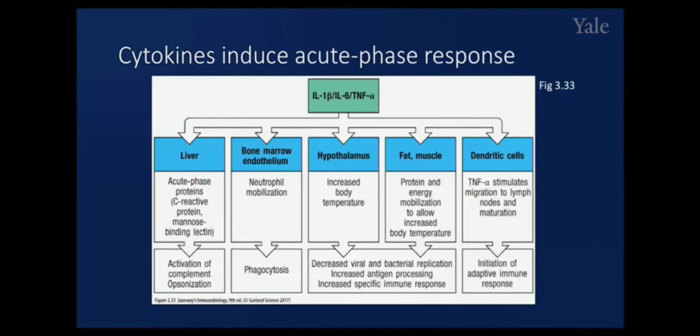And in this figure, figure 3.33, you can see all the different targets that these cytokines have. So for example, they can act on the hypothalamus and induce an increase in body temperature. They can also help mobilize neutrophils from the blood or mobilize energy to that area to allow for increased inflammation.